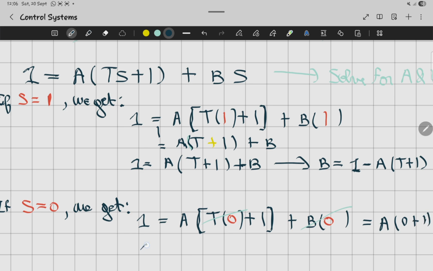So we know 1 equal to a times 1, which is the answer for a, meaning a equal to 1. That's what you see here.